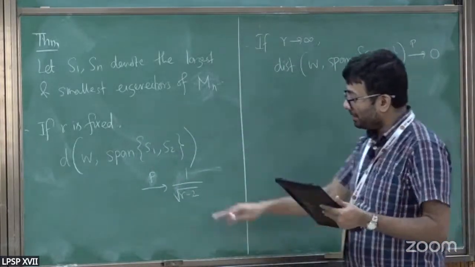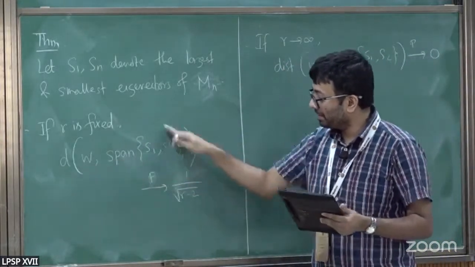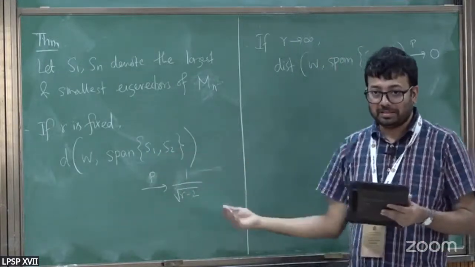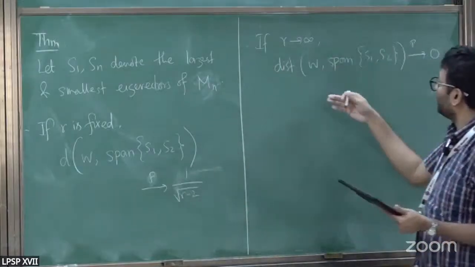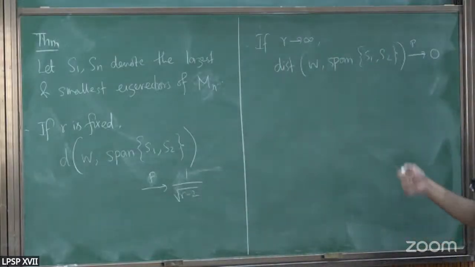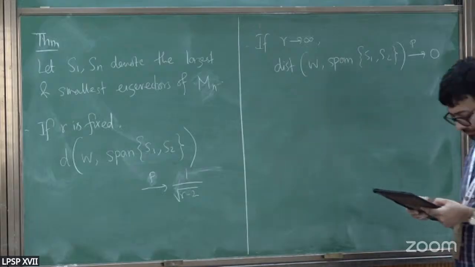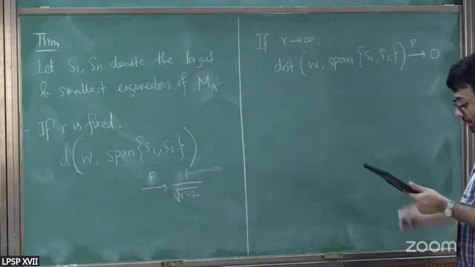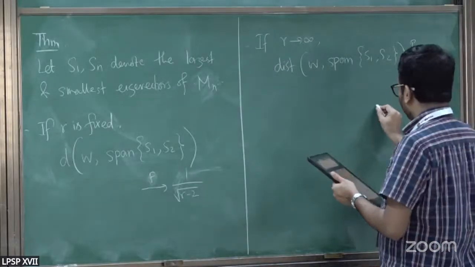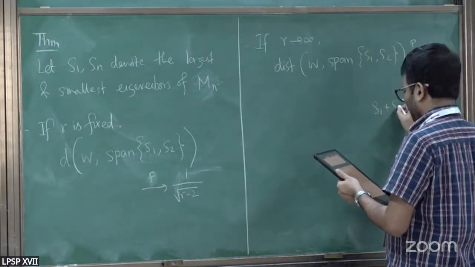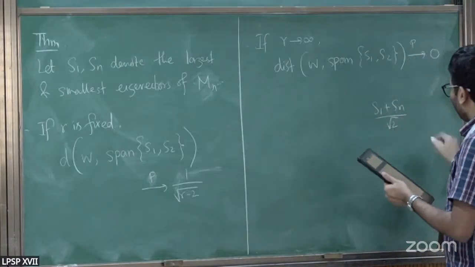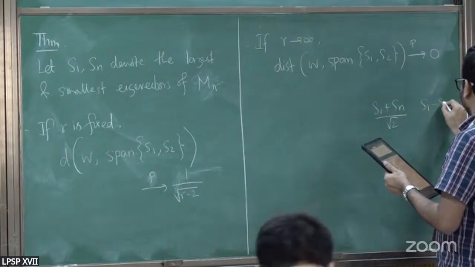The question is, can you recover this W? I know that it lies in the span of S1 and Sn, so maybe it's a linear combination of them, but can you recover the coefficients? It turns out it is going to align with one of these vectors. You don't know which, but it will align with one of these vectors.